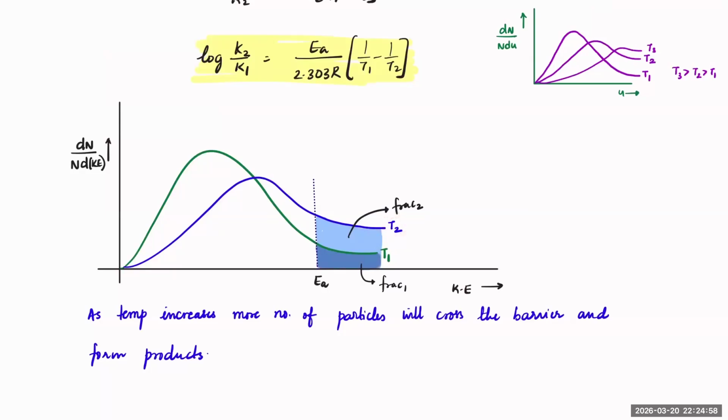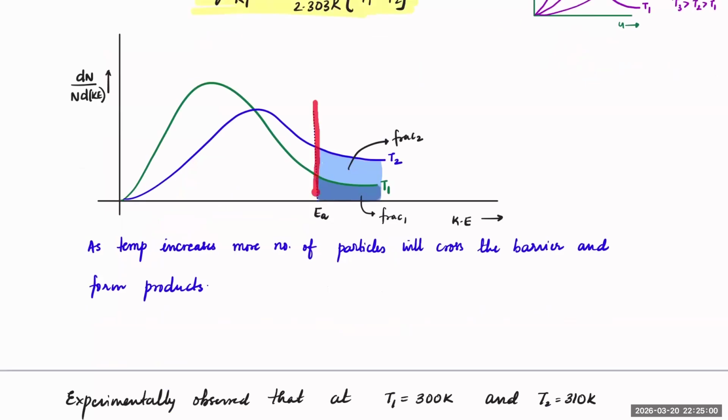And there is one particular kinetic energy which is the same as the activation energy, and everything crossing this point will convert into products. So this much is the fraction of particles converting into products.